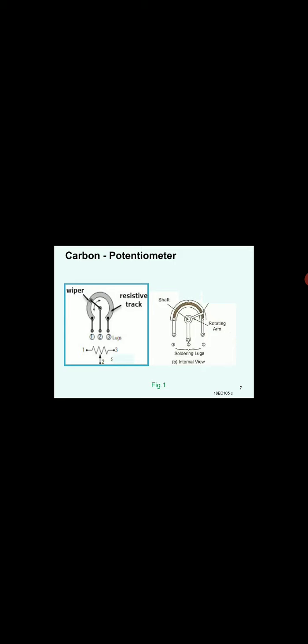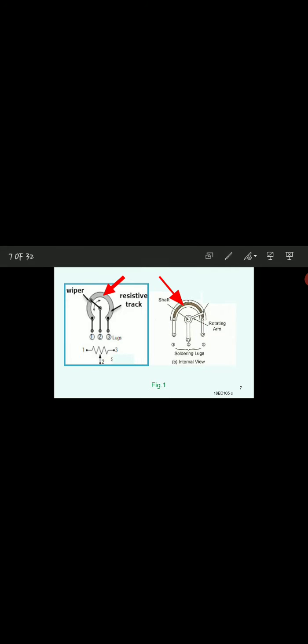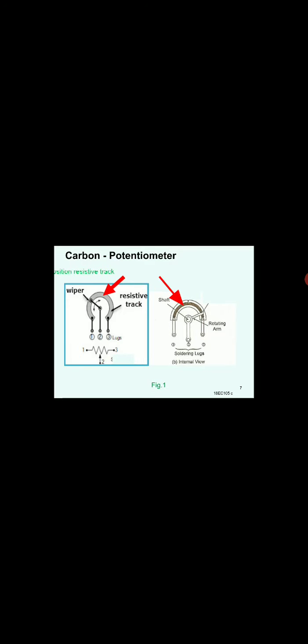You have terminals 1, 2 and 3. The arrow is showing you the carbon composition resistive track laid on a circular track on an iron sheet. So that is a carbon composition resistive track.